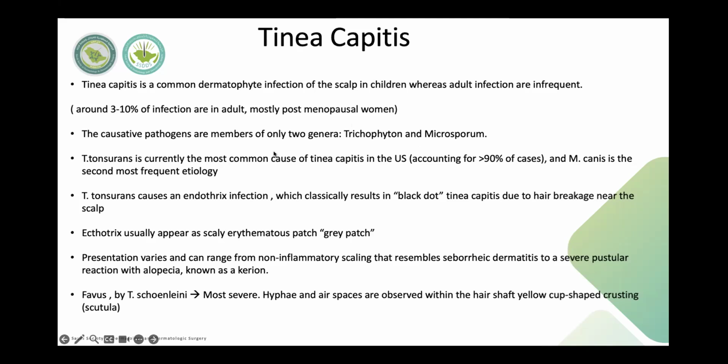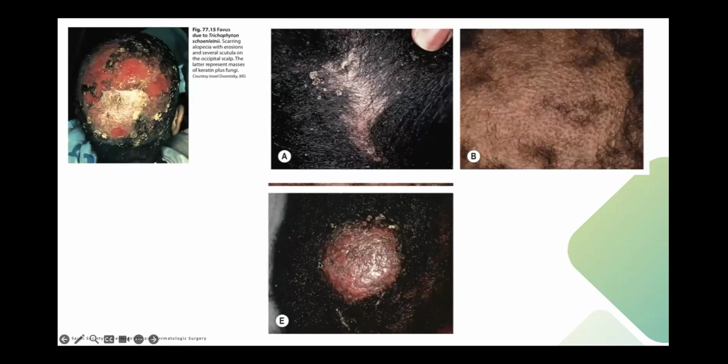Rarely, there is also a presentation that, because it's highly inflammatory, can turn into something called kerion, that we can see here, boggy inflammation, probably superinfected by bacteria. Here we can see the black dots. Here we can see the erythematous gray.